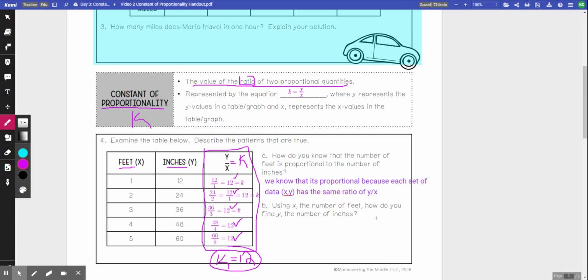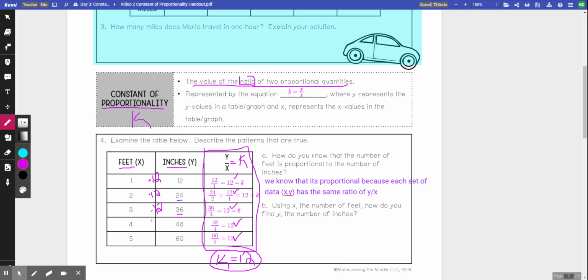Using x, the number of feet, how do we find y, the number of inches? Well, if we take our constant of proportionality, we say, okay, well, this is our constant of proportionality. So we have 1 times 12. As we all know, that's how you find how many inches. Well, what's 2 times 12? Well, that's 24. How about 3 times 12?